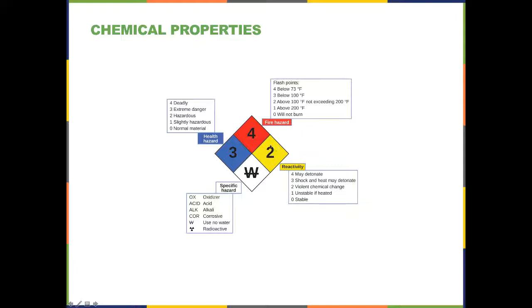And again, the higher the number, the more volatile it is. And then lastly, this bottom box is reserved for specific types of warnings, such as whether it's an acid, a base, or alkali, corrosive. In this case, it means use no water, which means it reacts badly with water. Here's one that you probably recognize: radioactive substances.